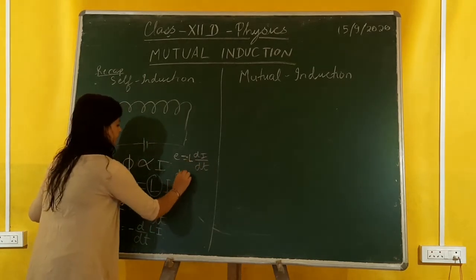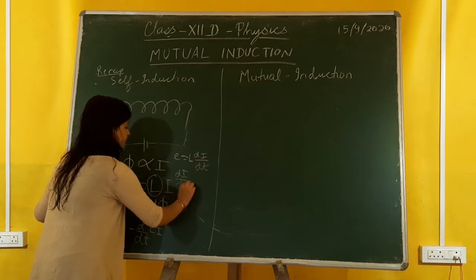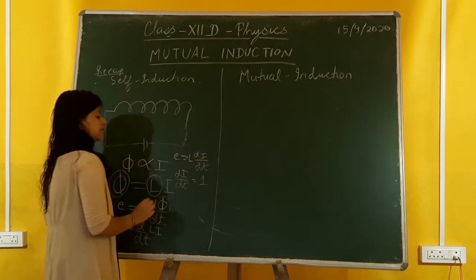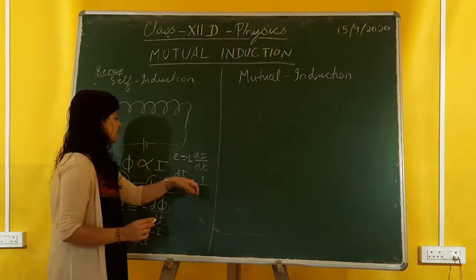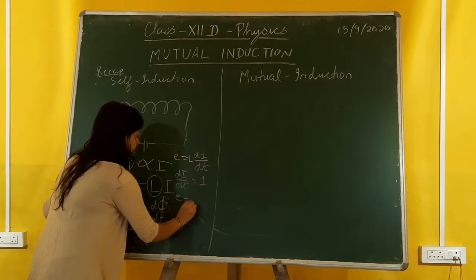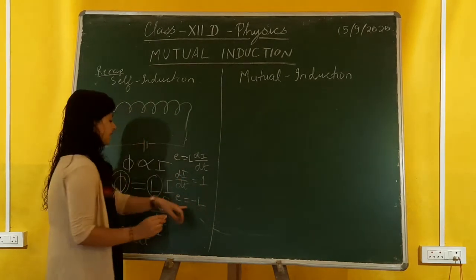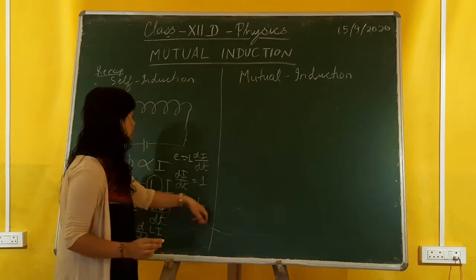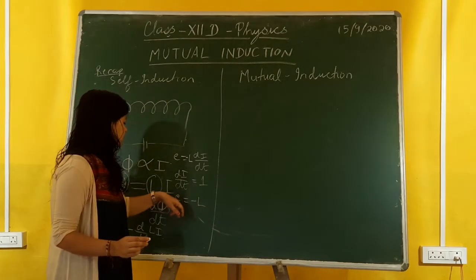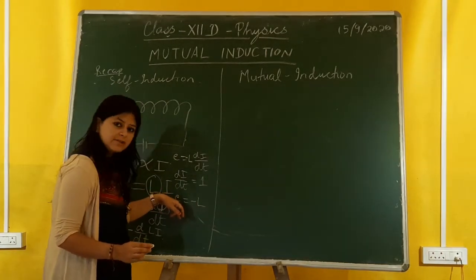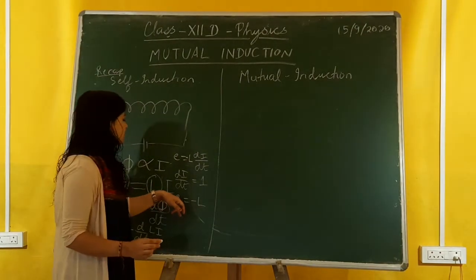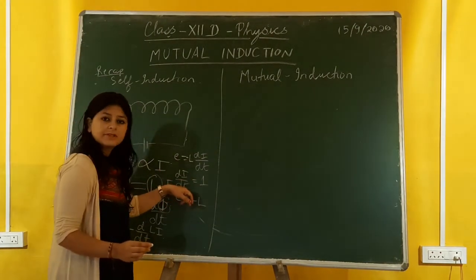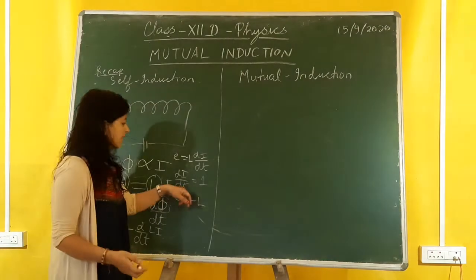Now, if my di by dt happens to be equal to 1, that means the rate of change of current linked with the coil is equal to 1, then E will be equal to minus L. That means self-inductance, or coefficient of self-induction, is equal to the EMF induced in a coil, where the rate of change of current linked with the coil is equal to unity, okay.